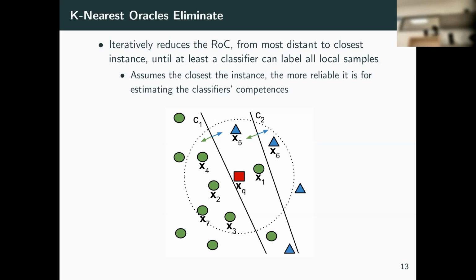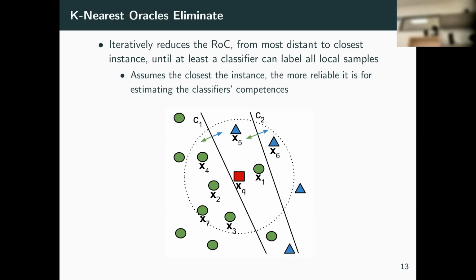For instance, in this case, the majority class is more than half of the region of competence, and the closest sample is a majority class sample. So in this case, the wrong classifier, the C2, would be selected. So that's one issue with the KNORA-E.